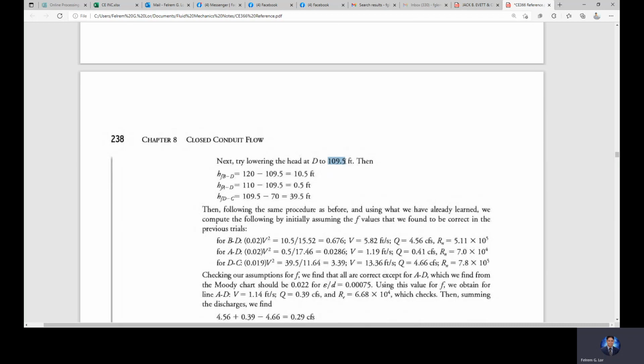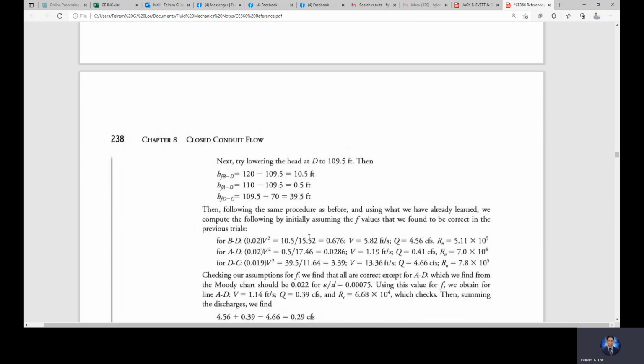Iya lang gi-gamay og ubos, 0.5, 109.5. And then based on that assumption, figure sa value sa elevation, na siya different head loss. So instead of 10, nahimo na siyang 11, then 0.5, then 39.5. So mao na ang mga head losses based on this elevation first trial.